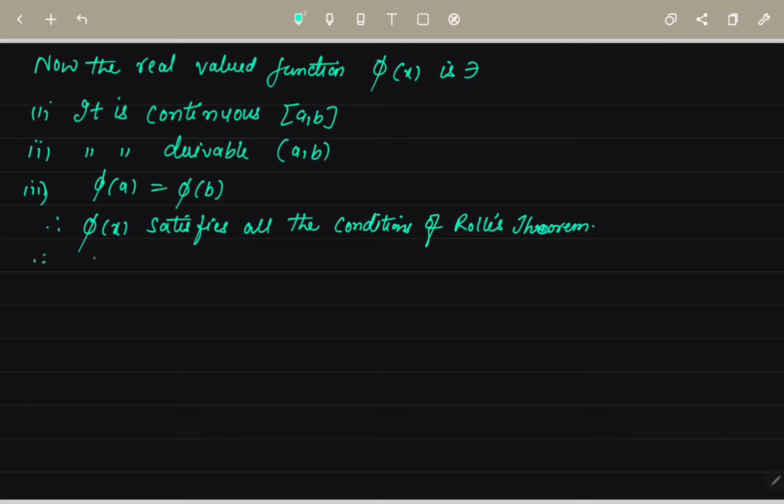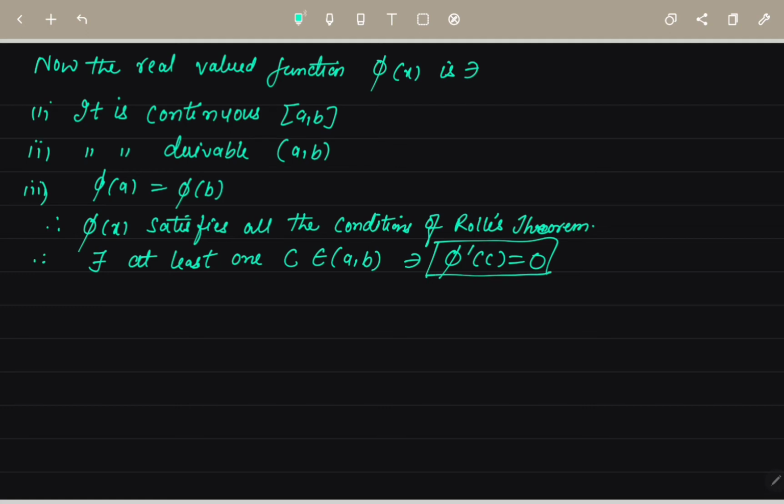If it satisfies all the conditions of Rolle's theorem, then what happens? Therefore, there exists at least one real number c which belongs to the open interval a b such that phi dash c is equal to 0. Now I have to find phi dash x.